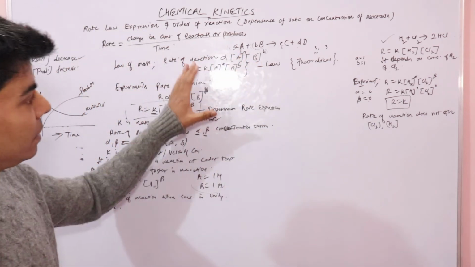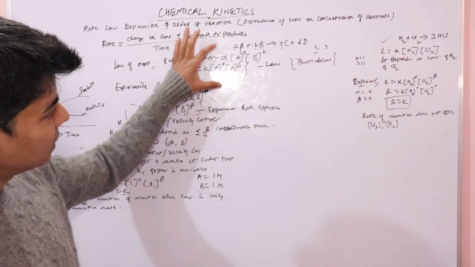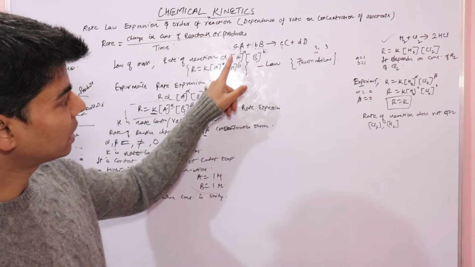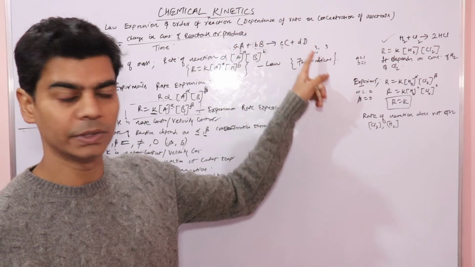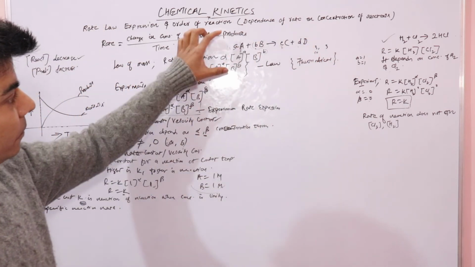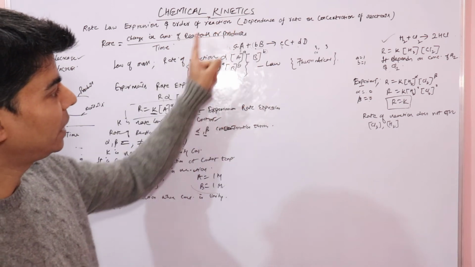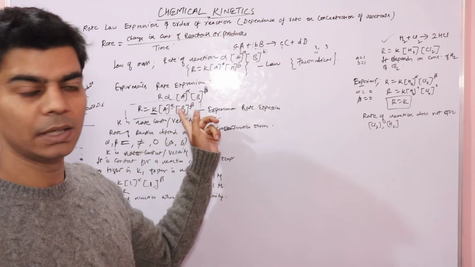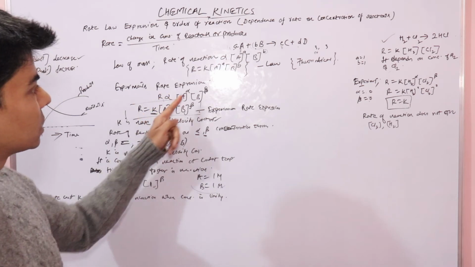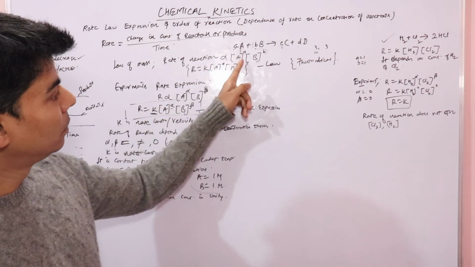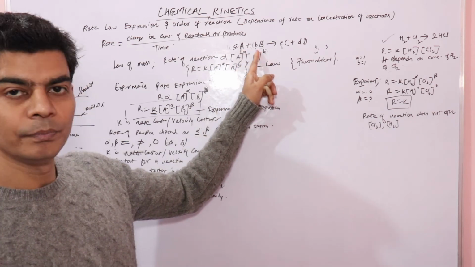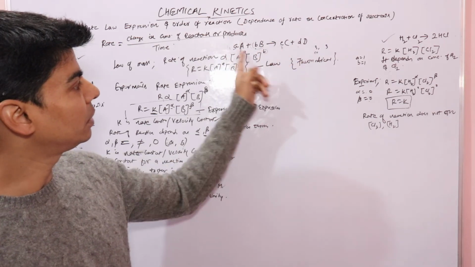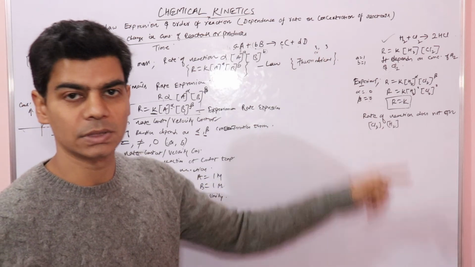And we said that this expression, as per law of mass action, is based on your balanced chemical equation. Whereas if we do experiment, if we want to verify the same experimentally, we found that in the rate law expressions, the concentration terms A and B may not be the same as the stoichiometric coefficients in the balanced chemical equation, right?